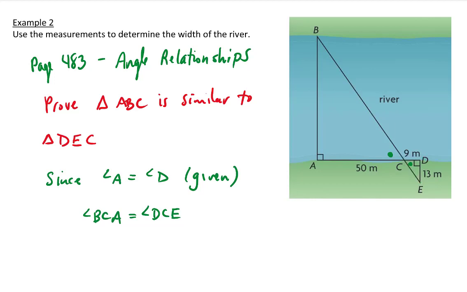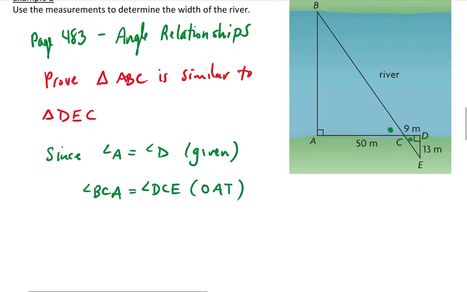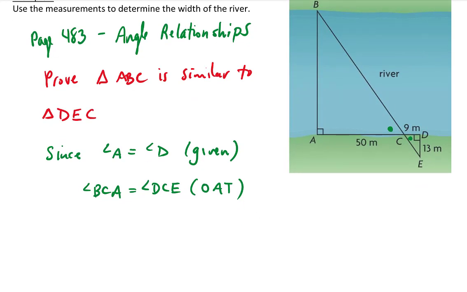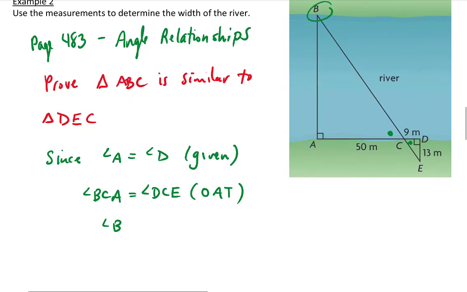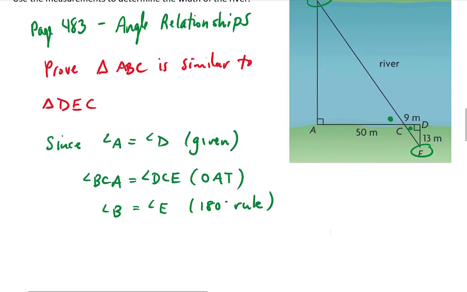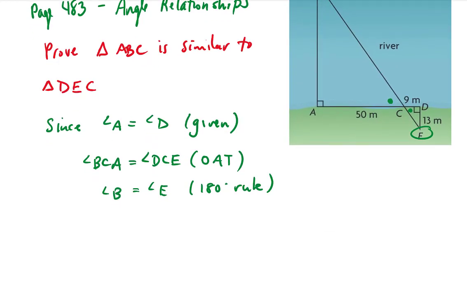So those we know are the same because of opposite angles. So I just call it OAT, opposite angle theorem. And once we know two angles are the same, we know that angle B, the one up top here, is equal to angle E because of the 180 degree rule. Since we know two are the same, the third one must also be the same.